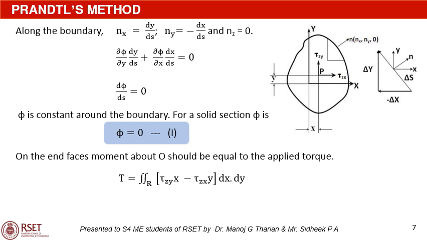This net moment should be equal to the externally applied torque T, which gives T equal to double integral over the region R of (tau zy into x minus tau zx into y) dx dy.